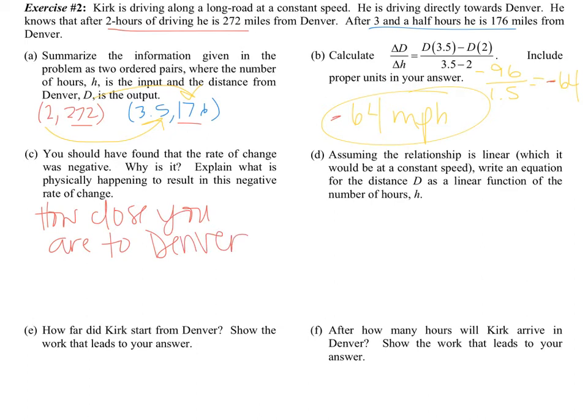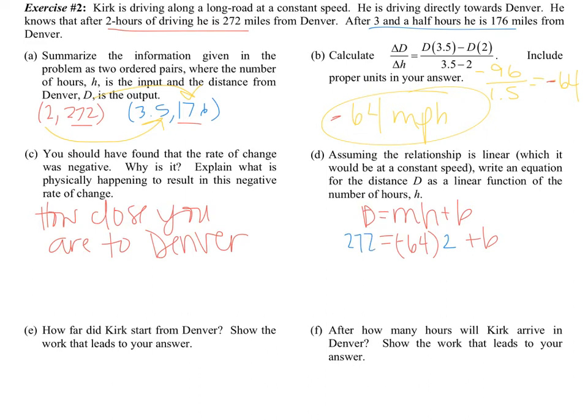Assuming the relationship is linear, which it would be at a constant speed, write an equation for the distance d as a linear function for the number of hours h. So we know d equals mh plus b, that our slope, our rate of change, is negative 64. We still don't know b, but we can use one of our coordinate points. I'm going to use the coordinate point of 2, 272.